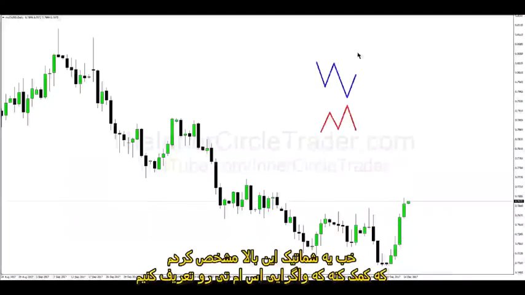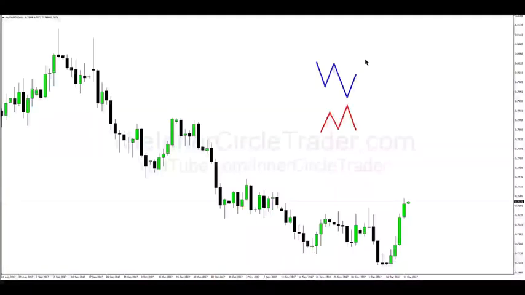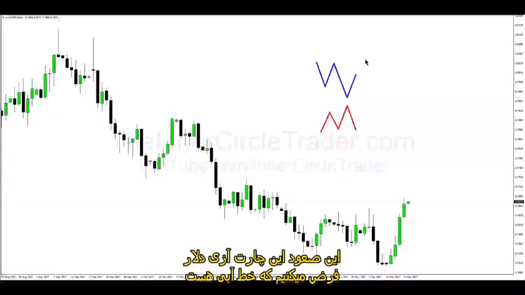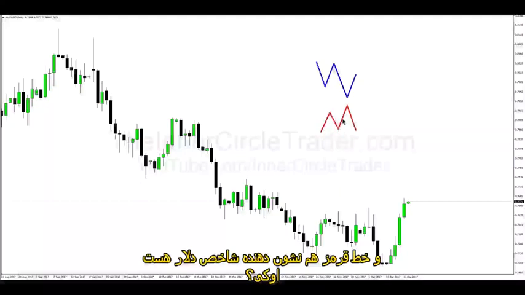Okay, so I have a crude diagram up here, and this is going to more or less help me illustrate what makes an SMT divergence. For the sake of this specific bullish scenario, we're going to refer to the blue line up here. That's going to represent the Aussie dollar, and the red line is going to represent the dollar index.